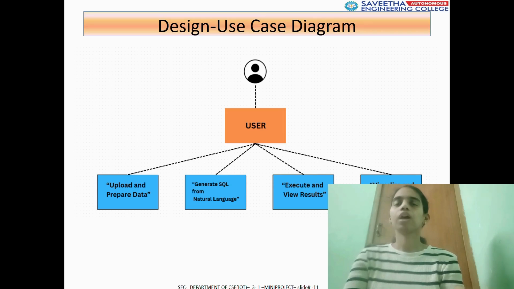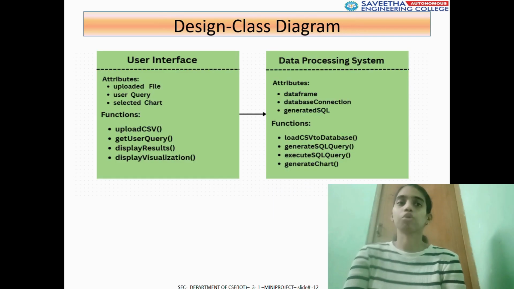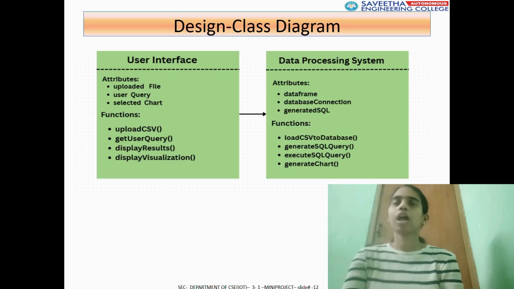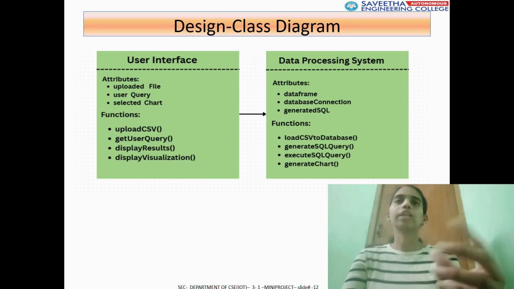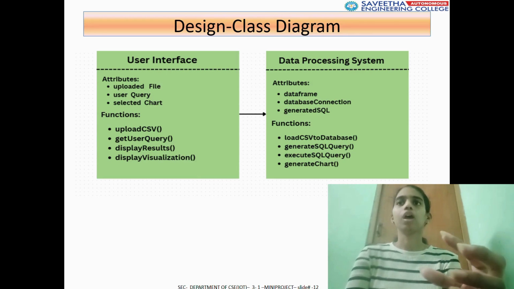The second one is the use case diagram. This shows how the user behaves on the platform: just upload, it will automatically generate, and we can view the result, visualize, and export the data as well. This is a design class diagram for the user interface, and the data processing system is done using the functions.